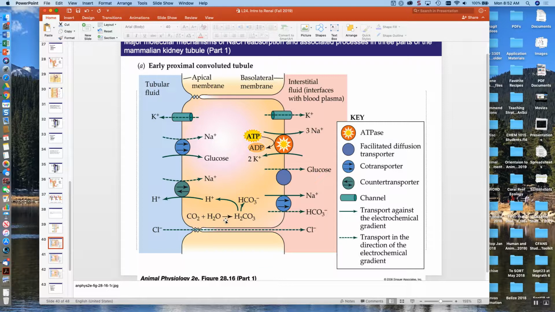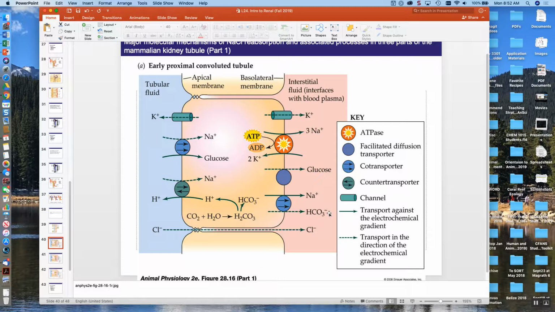Going back, you're going to see that reaction a lot in many different cell types. Carbon dioxide freely enters into the cell, reacts with water, is converted to carbonic acid, and get this, for every carbon dioxide that enters into the cell, one proton is secreted and one bicarbonate ion is reabsorbed.